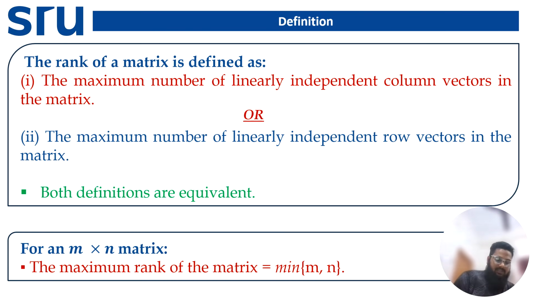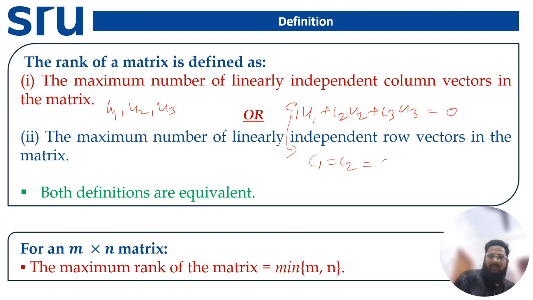If you have three vectors u1, u2 and u3, and you take the linear combination c1 u1 plus c2 u2 plus c3 u3 equal to the zero vector, then after solving, if you get all the constants c1, c2, c3 as 0 at a time, it is called a linearly independent set of vectors.